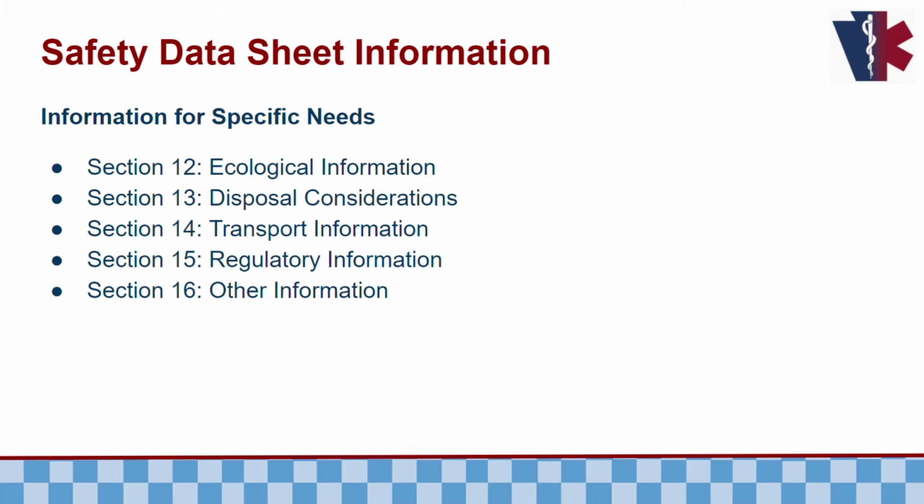The special needs sections include ecological environmental information, disposal considerations, transport information, regulatory information, and other information deemed important by the product manufacturer.